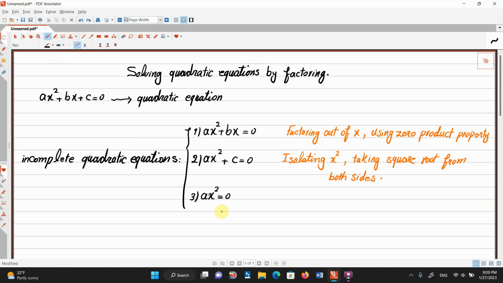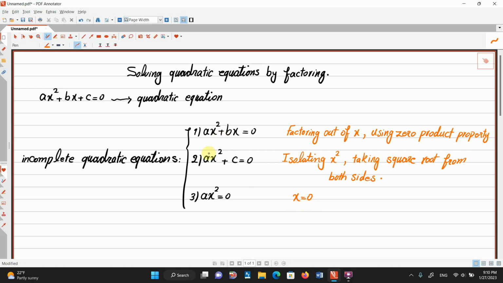And this type of quadratic equations has an obvious solution of x equals 0. Therefore, there is no need to solve this type of equations.